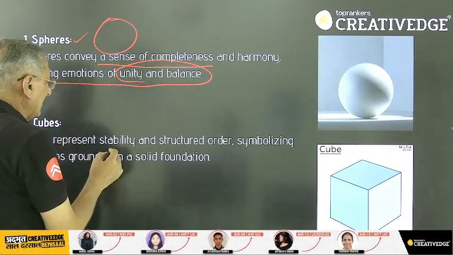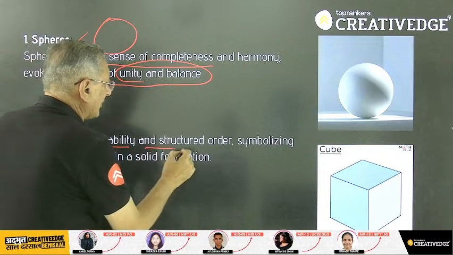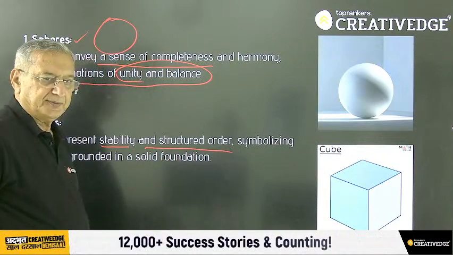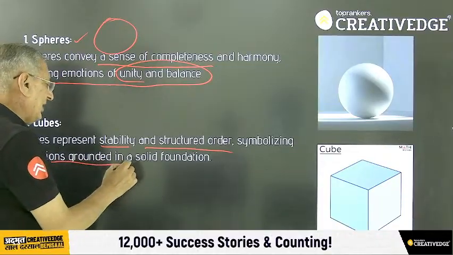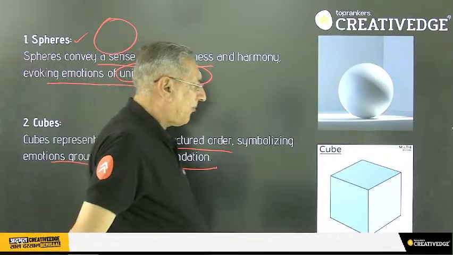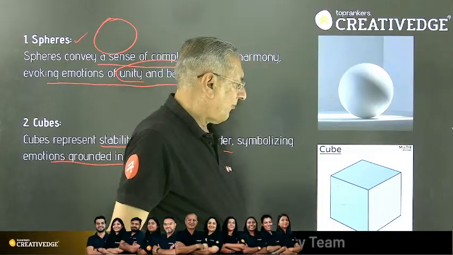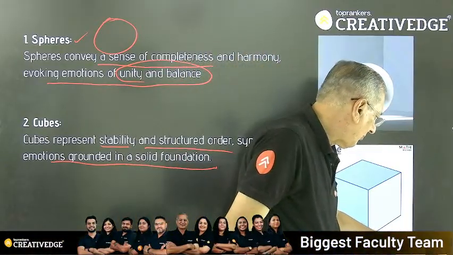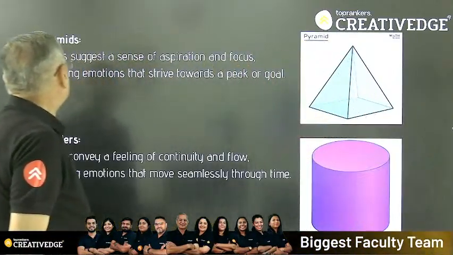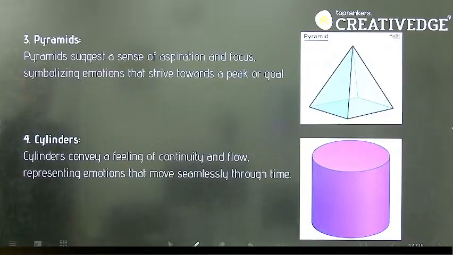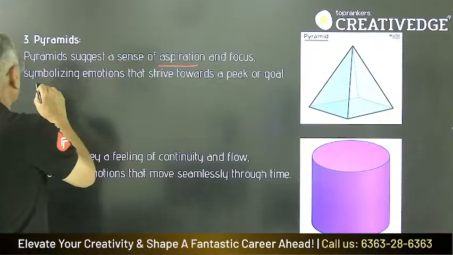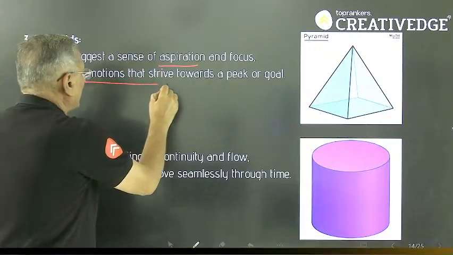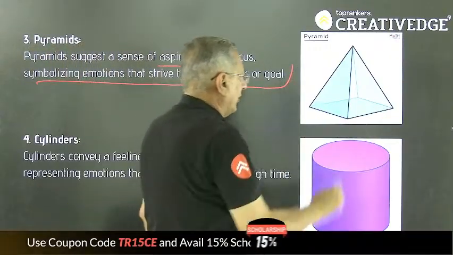Cubes represent stability and structured order, symbolizing emotions grounded in a solid foundation. Then come pyramids. Pyramids suggest a sense of aspiration and focus, symbolizing emotions that strive towards a peak or a goal.